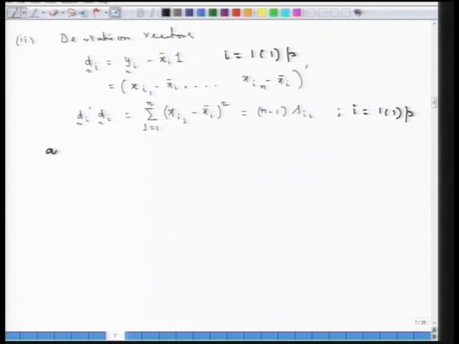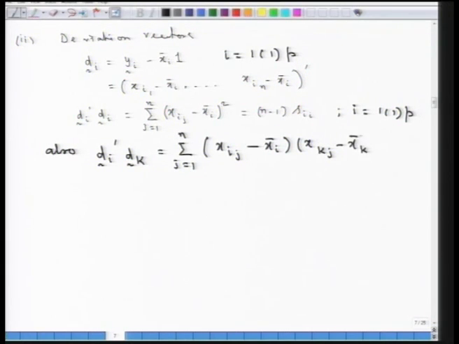Similarly, we can see that d_i prime d_k, which is the dot product of the deviation vector for the ith variable and that for the kth variable, would be the sum over j equal to 1 to n of x_ij minus x_i bar, into x_kj minus x_k bar.